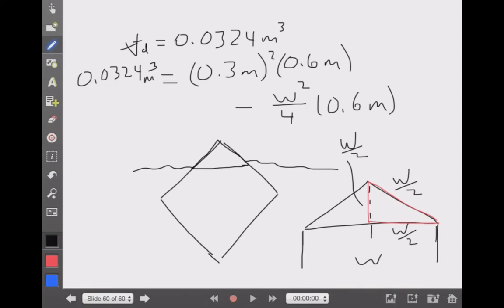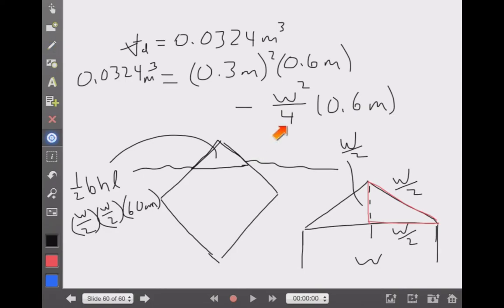So the area of this portion of the triangle becomes 1/2 the base times the height times L, and 1/2 the base is W over 2, and the height is also W over 2, and the length is just the 60 centimeters. So that's where we get this equation of W squared over 4 times the length.